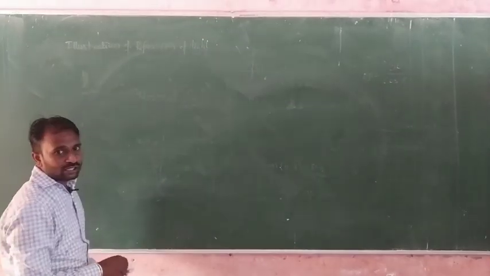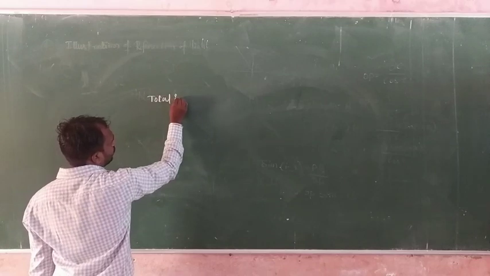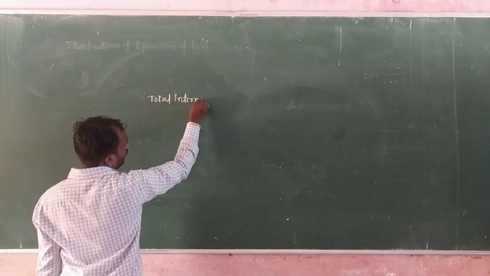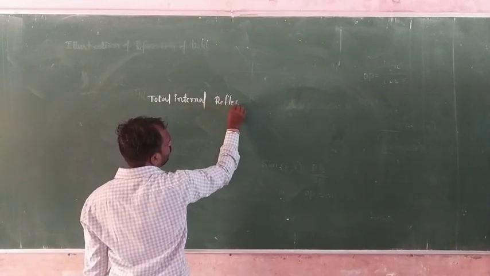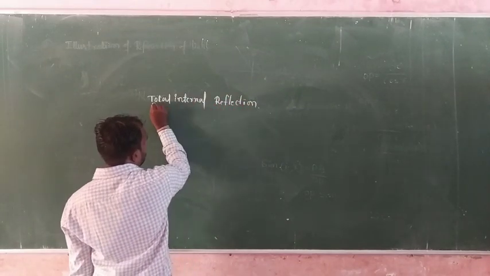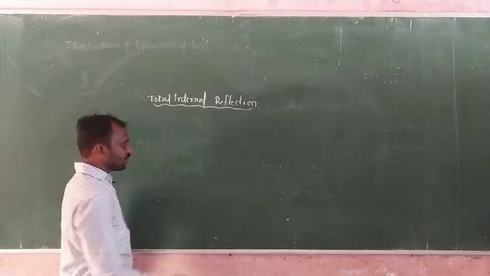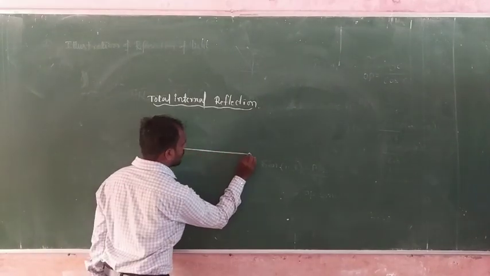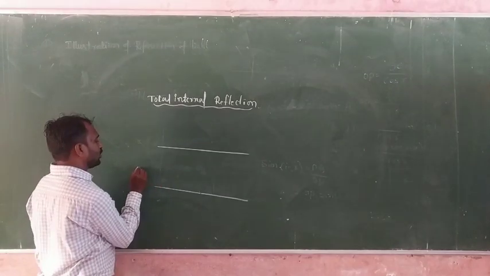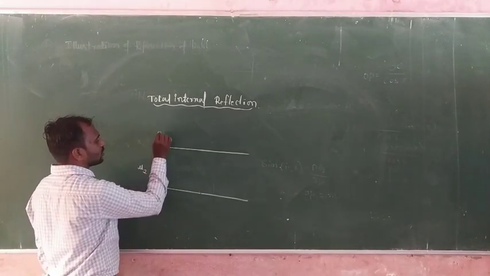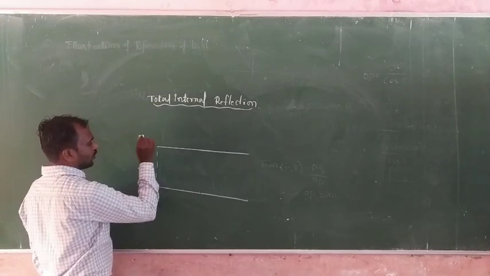Total internal reflection means, here we consider this one a denser medium with refractive index mu2, and this one a rarer medium with refractive index mu1.